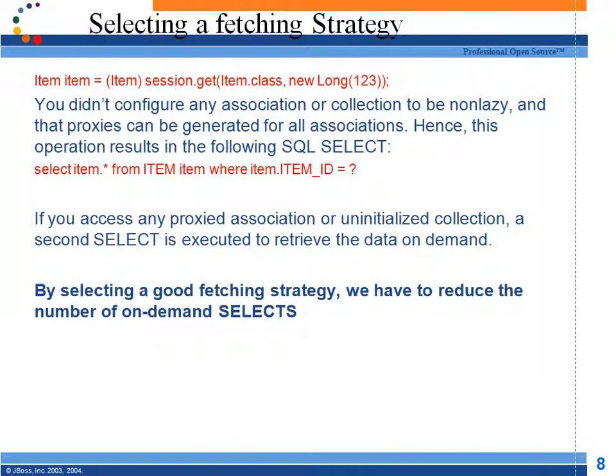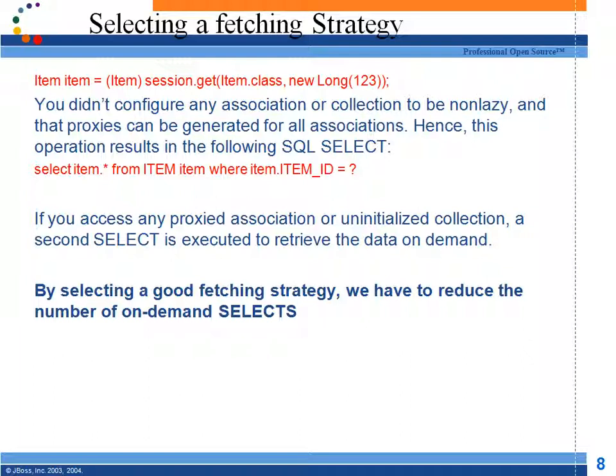See, in this case, I will try to talk case by case. In this case, I am loading an item whose ID is 123. That will be a select query, right? If you access any proxied association, if the item has a bid, then only it will try to load that bid.